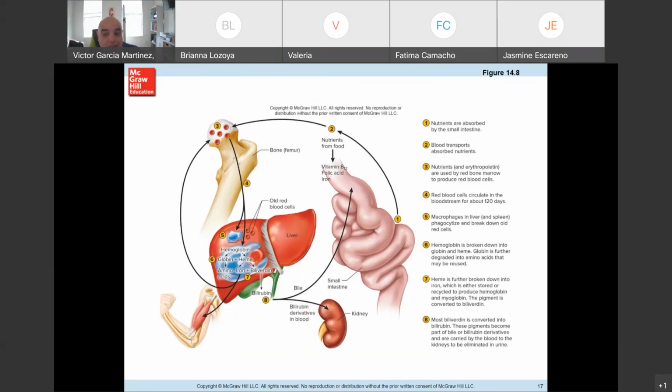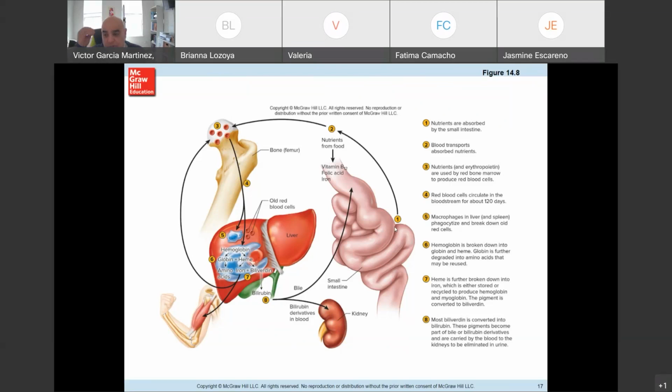And then when they are almost dead, they go into the spleen, and then to the liver to be decomposed, to suffer apoptosis. Then they are decomposed, and finally they're converted into bilirubin. Then we can eliminate bilirubin through the urine. This is the lifespan or cycle of a red blood cell.